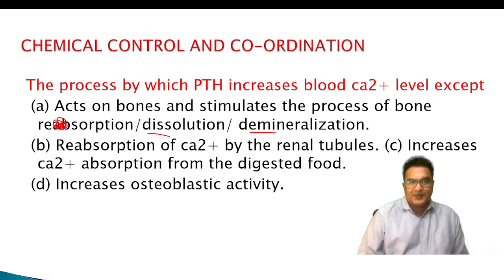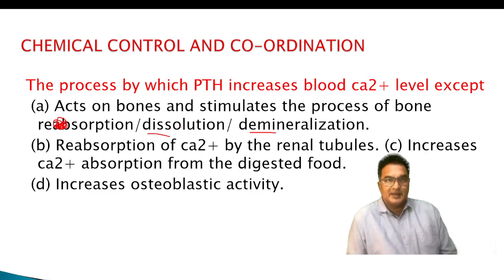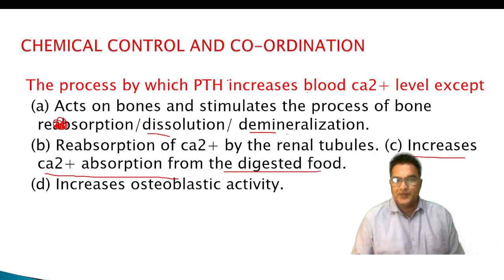Here, first of all, the process by which PTH increases blood calcium level. Whenever the calcium level is decreased in the blood, we need PTH; when it is increased in the blood, we need calcitonin. This parathyroid hormone first increases the calcium absorption from the digested food, and it influences the renal tubule for the absorption of calcium.